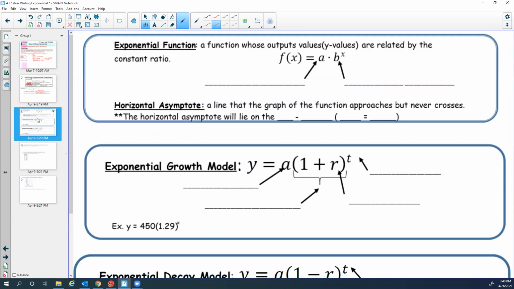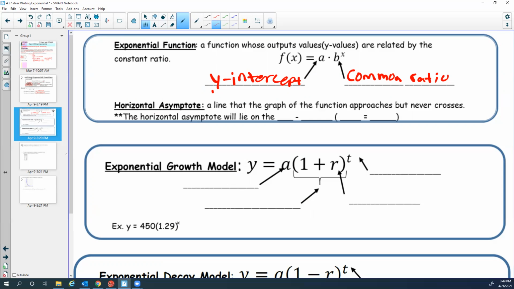Again, just going over exactly what we just talked about. A is your y-intercept. B is your common ratio. Now, with an exponential function, one thing that it has that the other 2 types of functions we went over don't have is an asymptote, a line that the graph of the function approaches but never crosses.